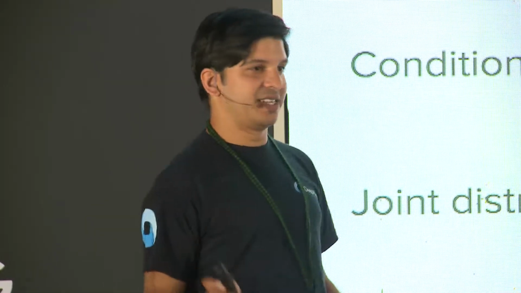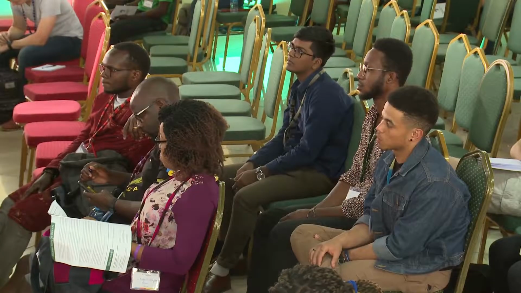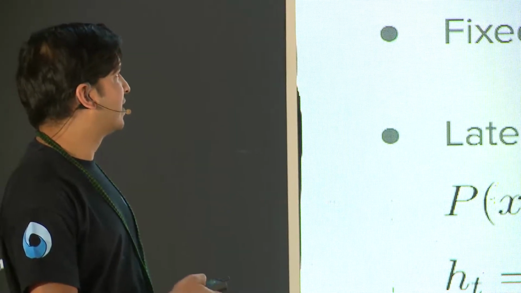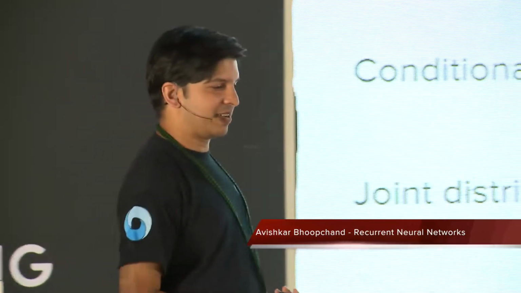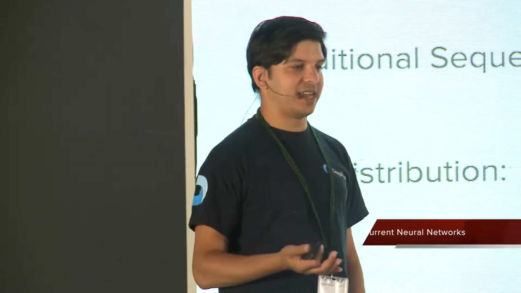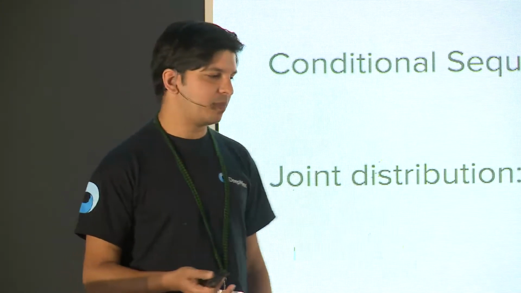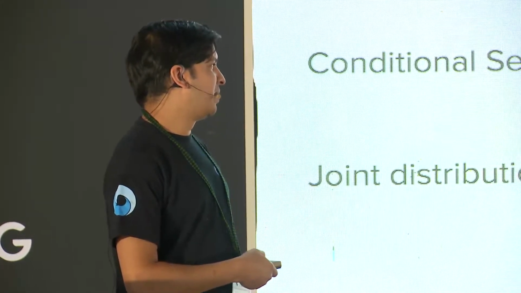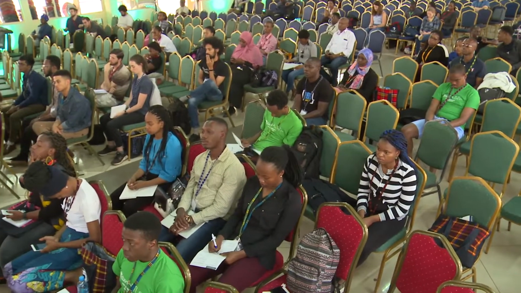And this applies to any distribution. This is just a general law of probability. But this thing hopefully looks familiar, right? This is just what we were trying to model when we were doing sequence prediction. So this means that we can think of sequence generation as essentially the same as doing sequence prediction. And we call this autoregressive modeling because we're trying to do a regression of a variable x on its own history.